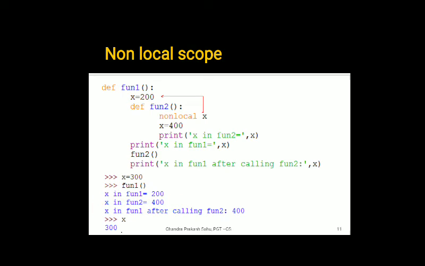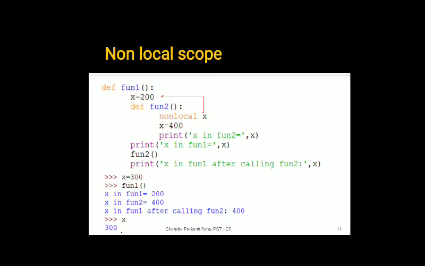And remember, x is non-local. Now after executing fun2, the Python interpreter reads the last print statement of this function, and it is x in fun1 after calling fun2. So you get the value 400.